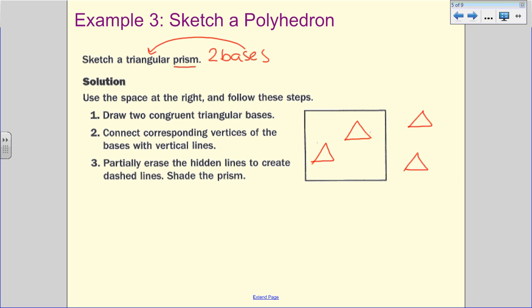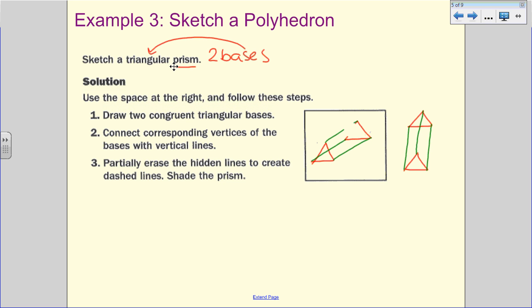Now we're going to connect the corresponding vertices. So top to top, left to left, right to right. Here I could do, once again, top to top, left to left, right to right. And then we want to erase any of the partially hidden lines. So when I look at this figure, I'm going to see everything in the front, I'm going to see everything here on the side, but I'm not going to see the back here.